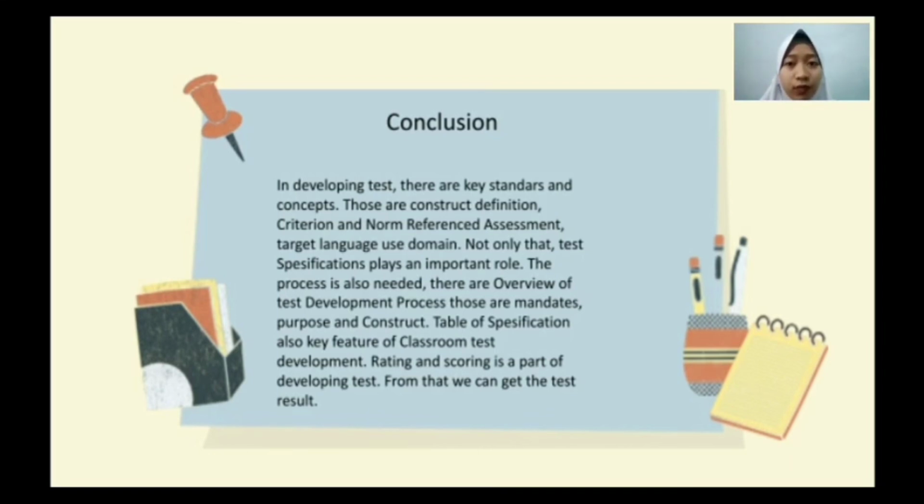There is an overview of the test development process. These are mandates, purpose, and construct. Table of specification is also a key feature of classroom test development. Rating and scoring is part of developing tests. From that we can get the test result.